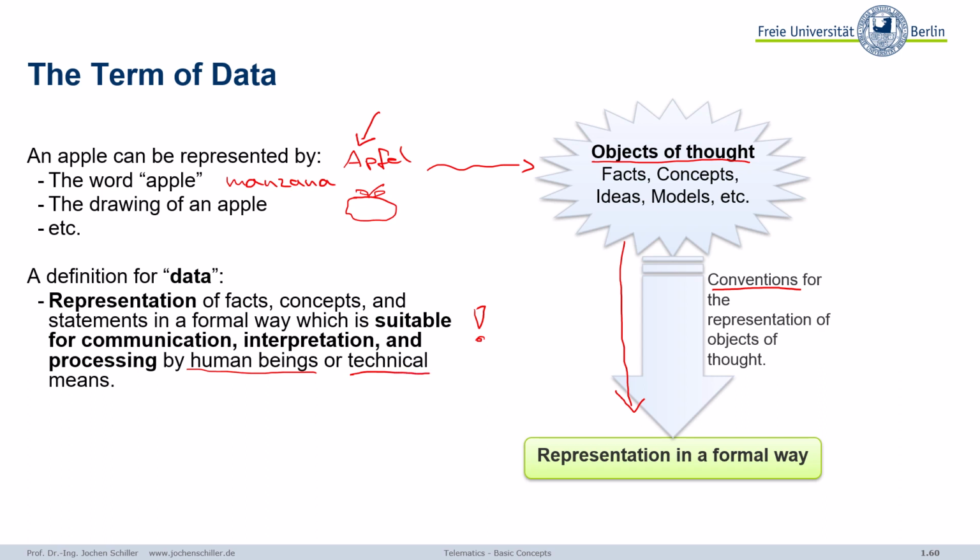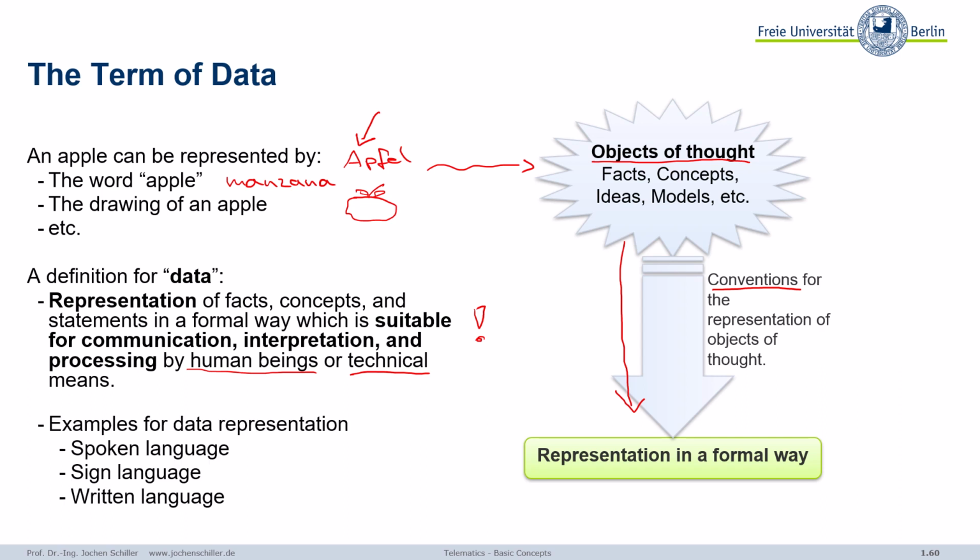So if you know the coding, in the human case the language, if you know how you code it, then you can interpret it, process it, etc. So simple examples, the spoken language, sign language, written language, etc. So we know this is an A. Okay, but you have to know this representation.